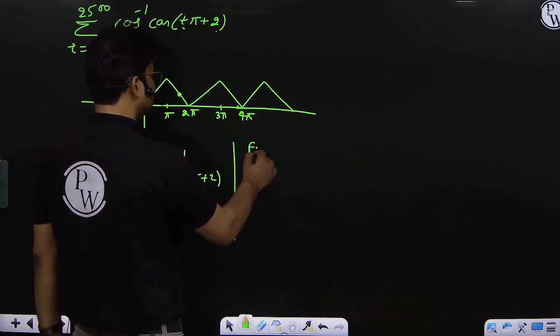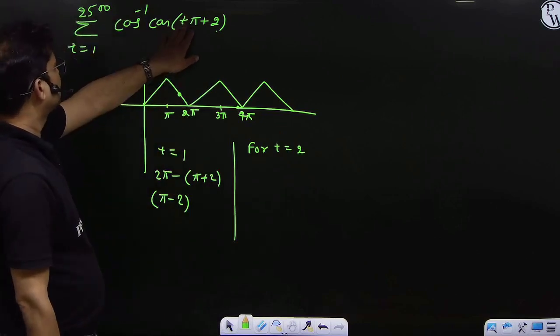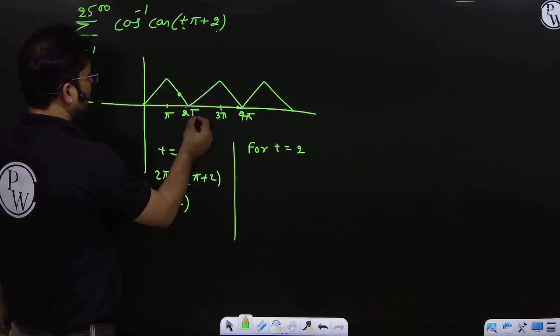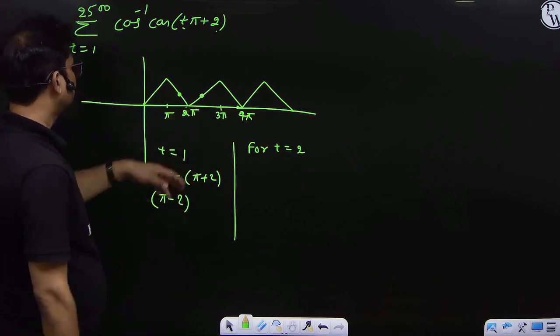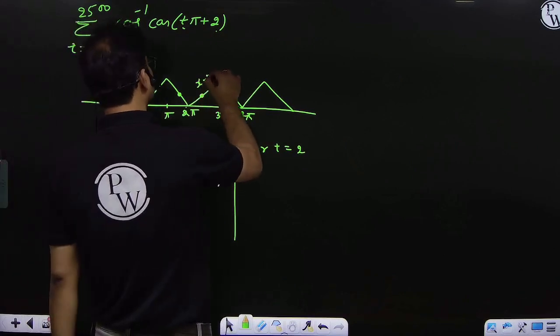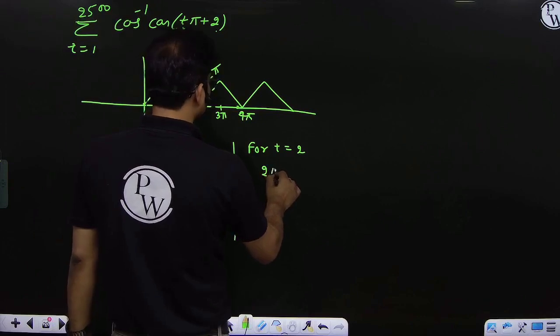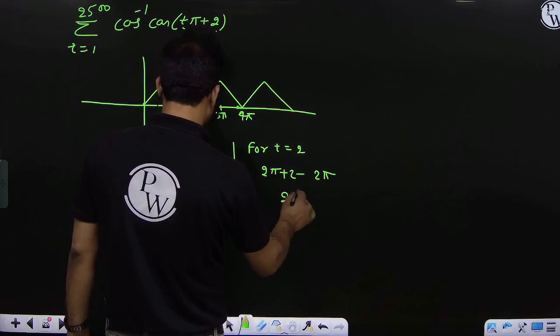For t is equal to 2, my dear, 2 pi plus 2, and 2 pi plus 2 is active on this line, and the value is x minus 2 pi. So 2 pi plus 2 minus 2 pi, and value is 2.